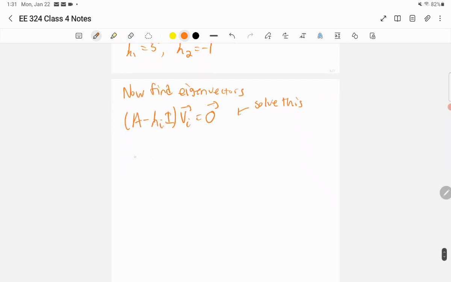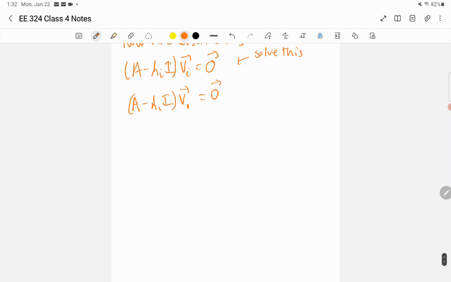So basically I'm going to say, okay, I'm going to have (A minus lambda 1 I) times v1 equal to the zero vector. This will give me my first eigenvector.